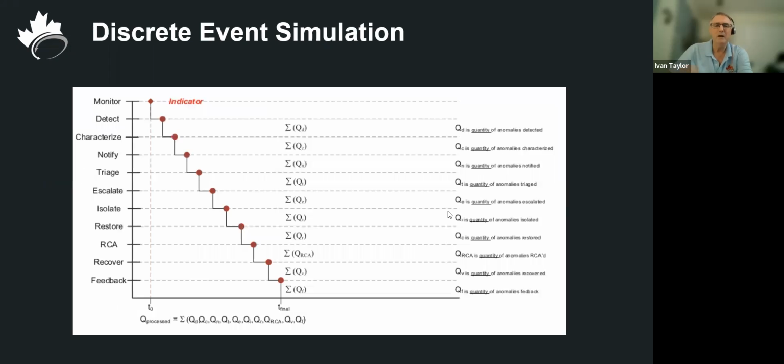So in modeling the operations, we have two primary techniques we use. The first one is discrete event simulation, which looks at discrete attacks and discrete people in the system, and a discrete number of steps in the system.